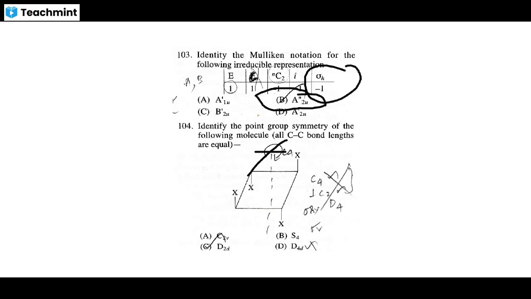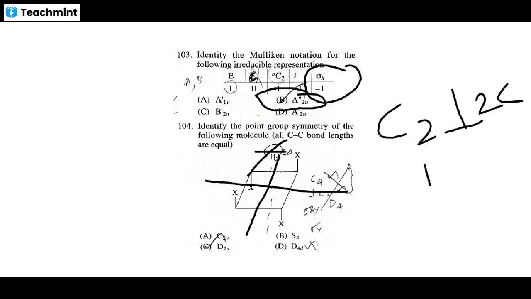Okay, it is D2d. There is a C2, a 180-degree rotation, so there is no C4. C4 means it should be a 90-degree rotation, so that is wrong. So it is C2 and perpendicular 2C2, and D2, and there is a mirror plane also.